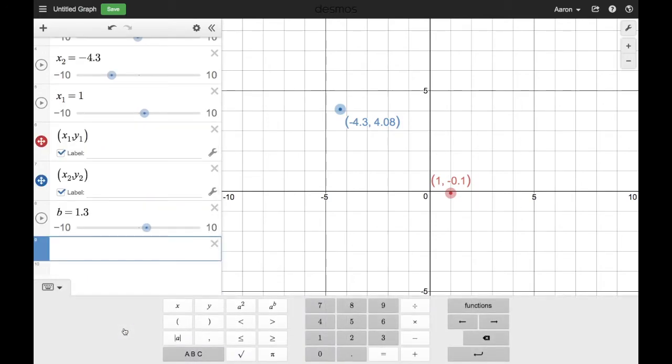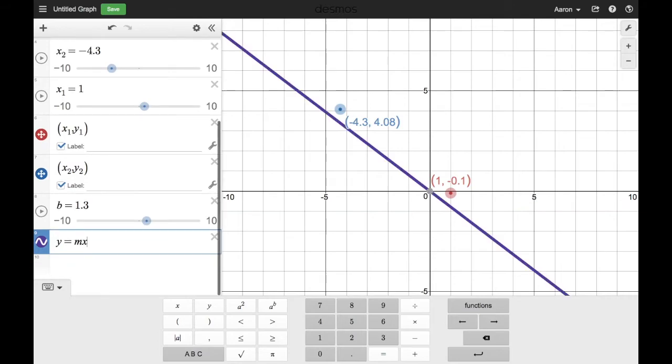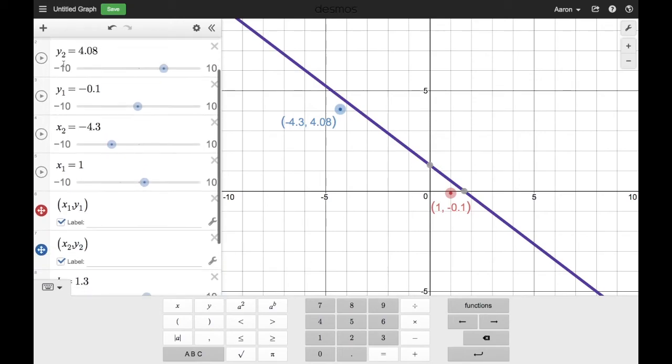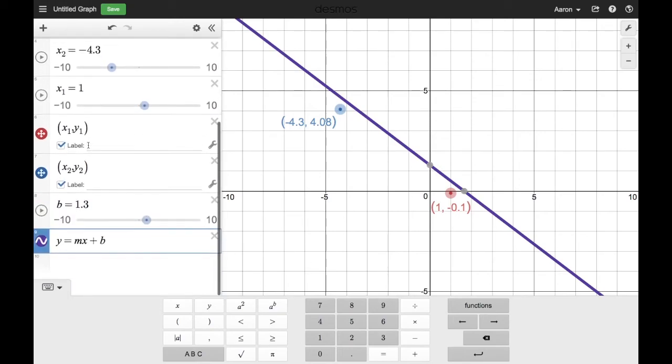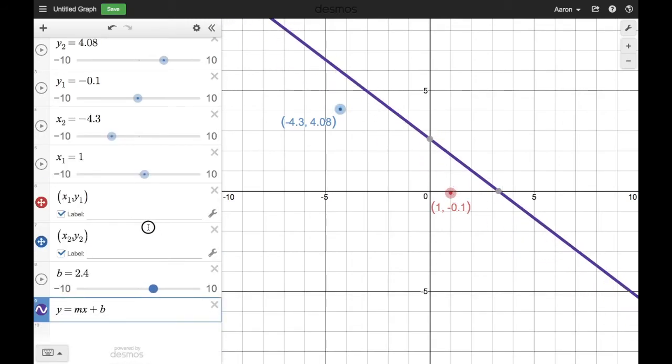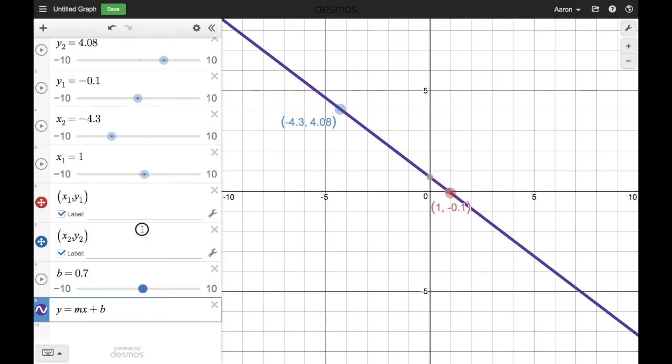Funny, if you type in y equals mx plus b, it remembers the b value. It remembers the m value that it's calculating here. So when you type in y equals mx plus b, it already knows what b is and what m is, and then it's going to connect the two. Like that. If b is equal to 0, then we get the exact slope between those.